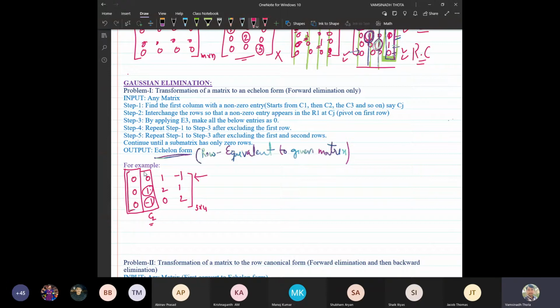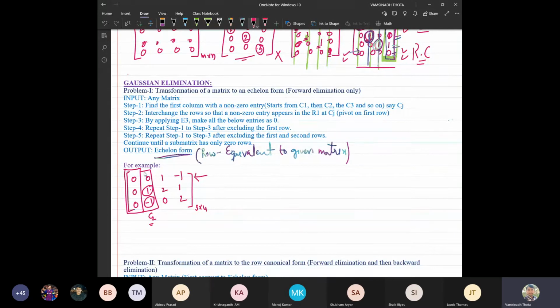Okay. Now, whether we need to interchange the first and second rows, or interchange the first and third rows, you can do anything. It is not necessary that you have to do only the second row. You can replace the first row with either R2 or R3.